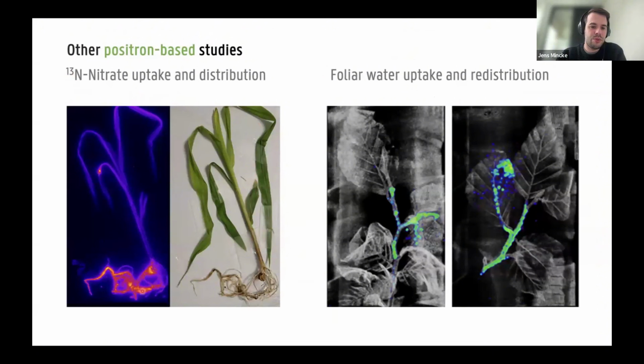So the roots were labeled with this tracer, and after a period of 1 hour, autoradiography was performed to see the tracer uptake into young maize plants. And you see that clearly a distribution is visible inside the plant. Note again that the resolution is quite high because this is autoradiography.